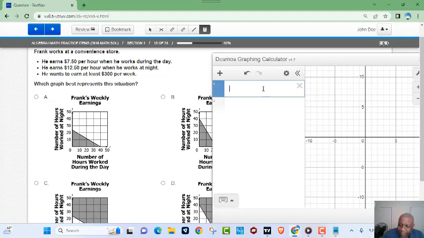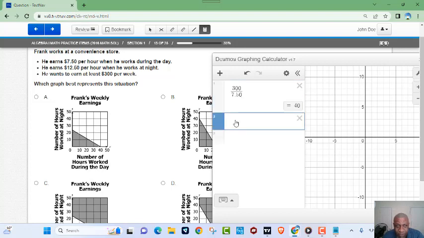If he wants to make $300 and make $7.50 an hour, he'd have to work 40 hours if he only worked day hours, right? So what if he only worked night hours? So 300 divided by the $12.50 that he earns, he'd only have to work 24 hours.